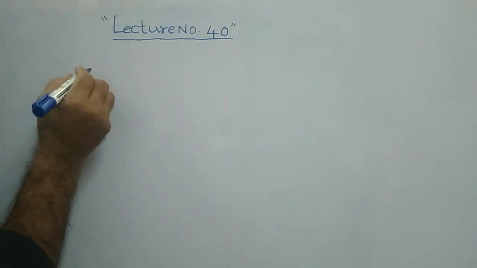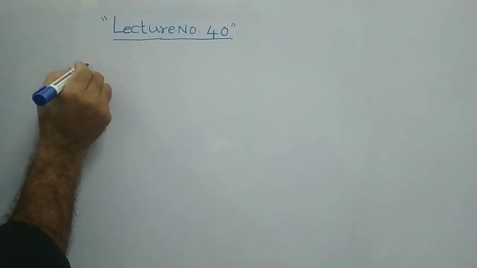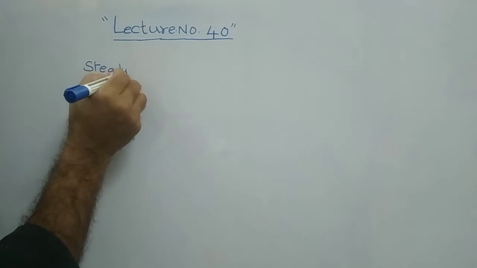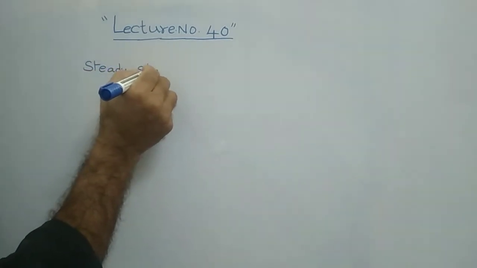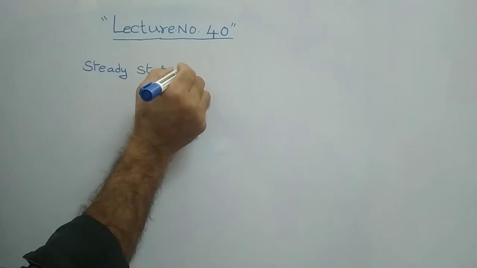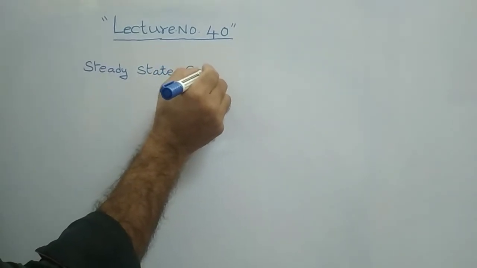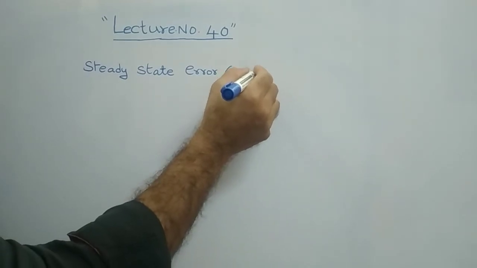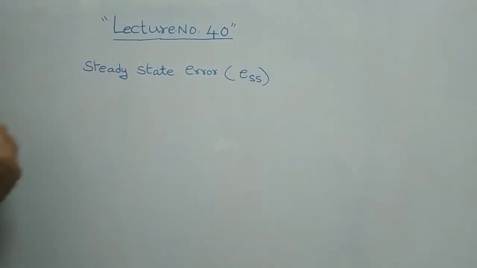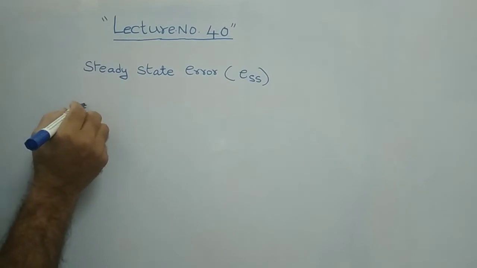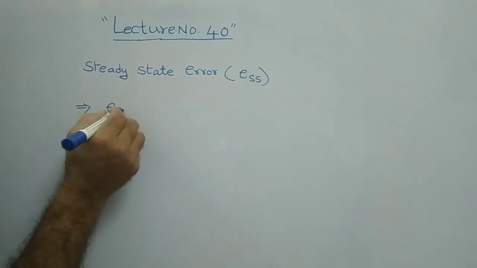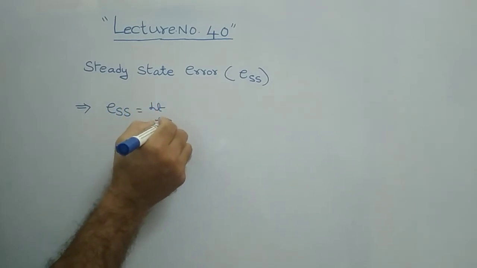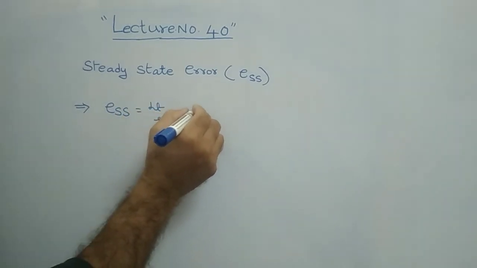We have seen that the steady state error is denoted by E suffix SS. This is the steady state error. The mathematical expression is ESS equals limit s tends to 0 of s into E of s.